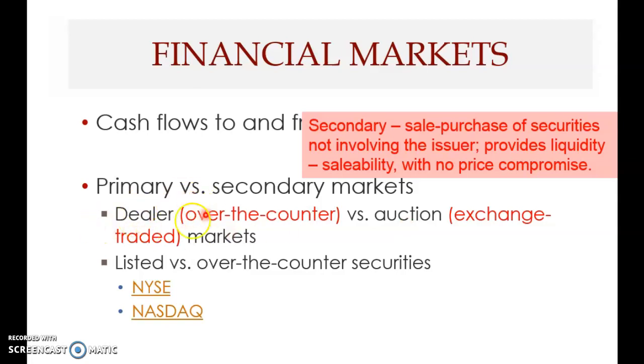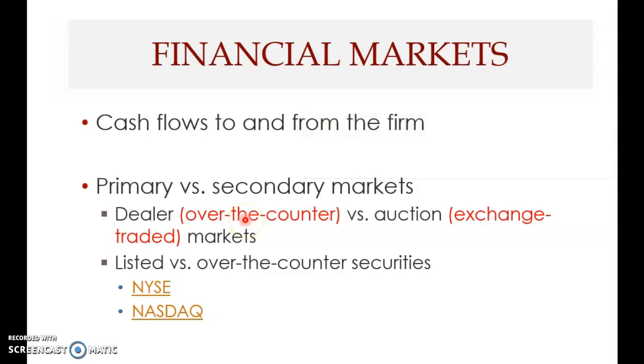But in a dealer market, you have to go through a dealer in a more informal setting. So the Nasdaq market is actually a dealer market. We call this over the counter because when you go and sell, you go to a counter, conventionally. So that's the difference. Listed is actually auction market.